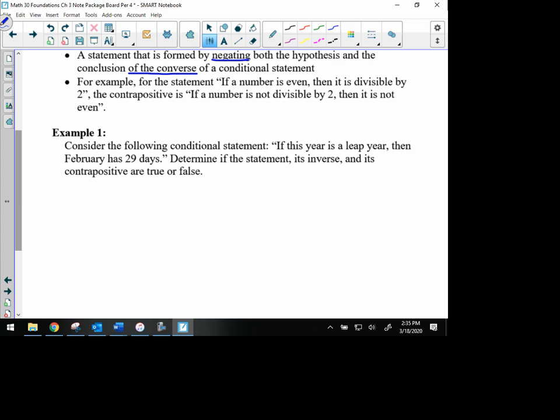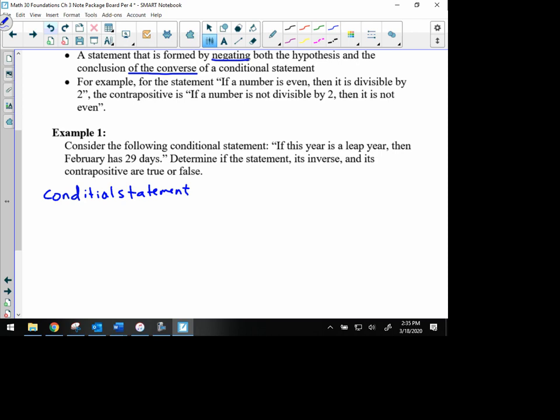So the first thing here is the statement itself, so the conditional statement. That is the one that is in the example, right? If this year is a leap year, then February has 29 days. I'm going to rewrite it just so that we can have the same formatting for each of the things that the example asks for.